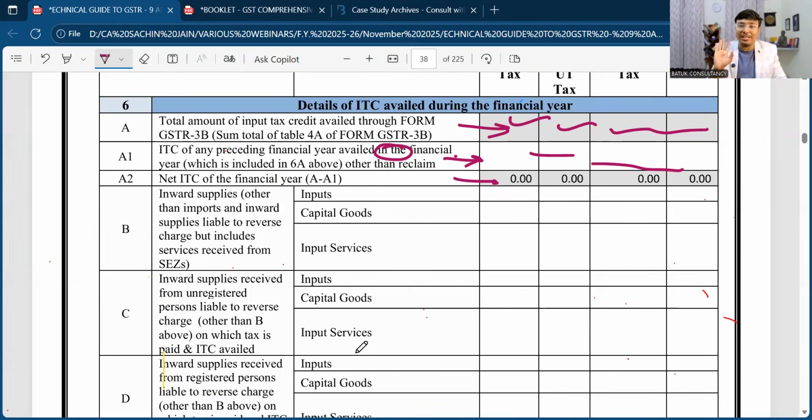There is no negotiation about which turnover we should report. Whatever will be your final turnover, we need to report in our GSTR 9. Rajendran sir, I have already given the answer to your question: 2023-24 related ITC claimed in October 2024. So 6A1 is there.